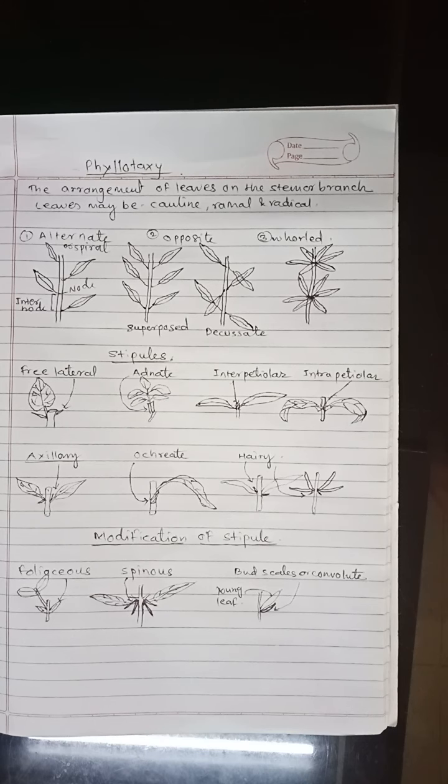Babul and ber. Then convolute or bud scales. Scales which protect the buds are called bud scales. Sometimes they are modified stipules. The bud scales fall off as the bud opens.